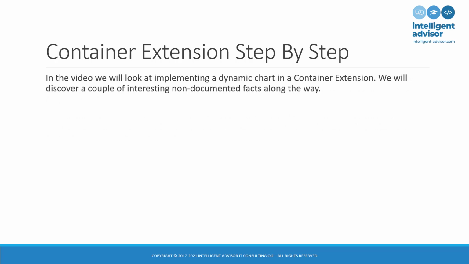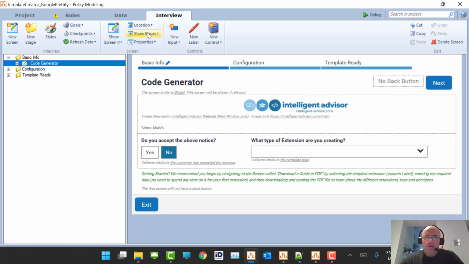So in this video, we're going to look at a couple of things. We're going to look at implementing a dynamic chart, and we'll see a couple of interesting things along the way. And we will highlight also the example chart and give you a few more ideas about how to generate template code. So in our little demo for this video about custom container extensions, we're going to start by addressing the question of templates.